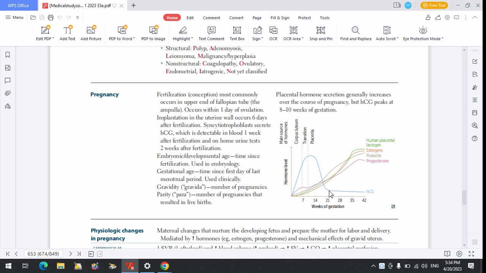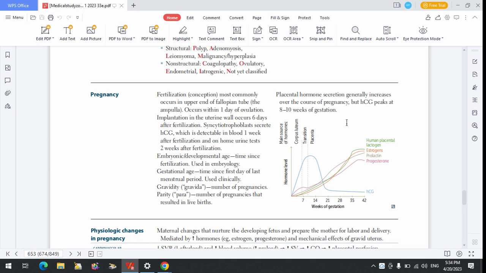At this region where HCG is dropping, the corpus luteum has to go. What will now take over the secretion of estrogen and progesterone? The placenta will continue to secrete the progesterone and estrogen that the corpus luteum used to produce.